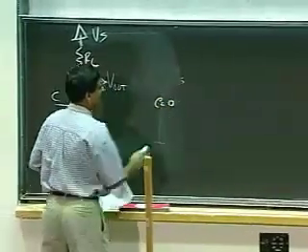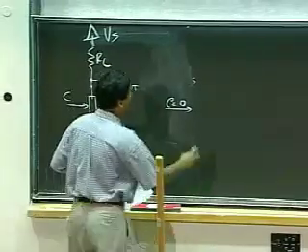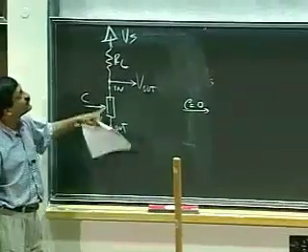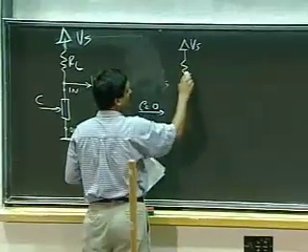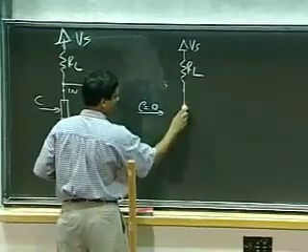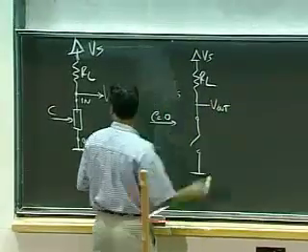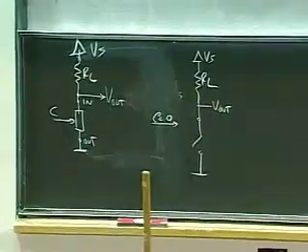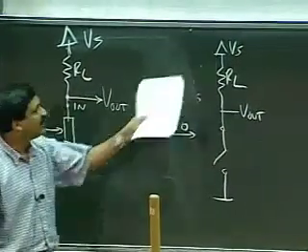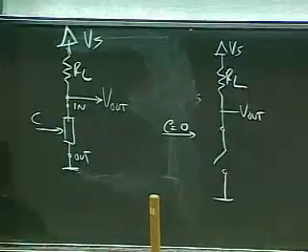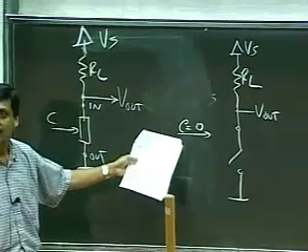Let's first look at what happens when C is 0. When C is 0, let me draw the equivalent circuit for this using the open circuit out there. That's what I get. So when C is 0, if Vs is a high voltage, let's say 5 volts, what do you expect at the output?